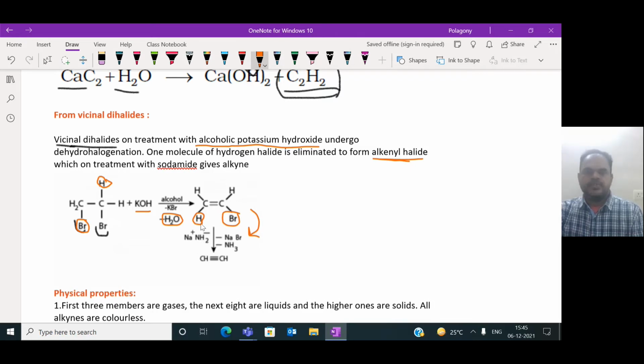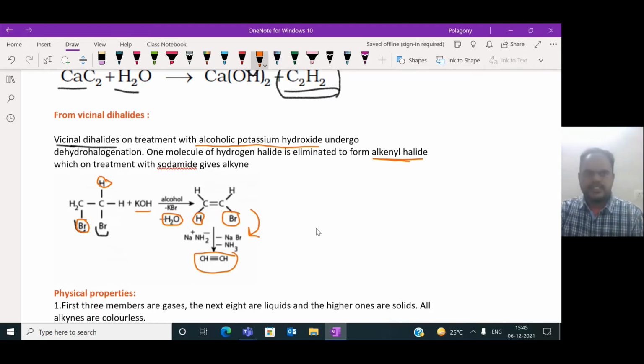When the NH2 abstracts this proton, it becomes NH3. When sodium abstracts this bromine, we get sodium bromide. The product is C2H2, called ethyne.